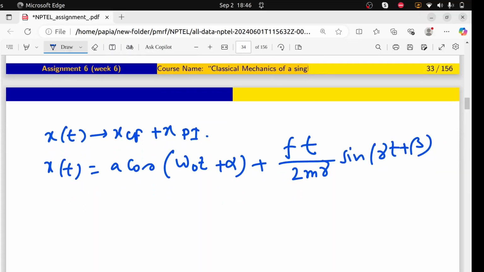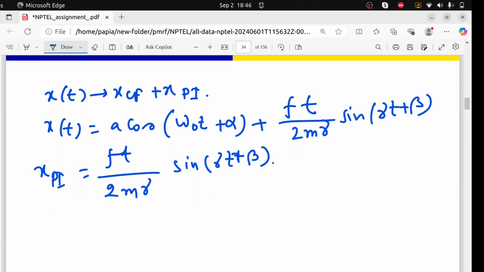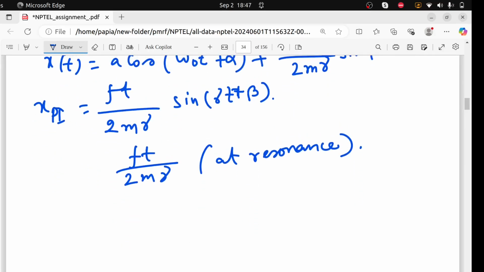So here you can see, if I talk about xpi, the xpi will be ft by 2m gamma sine gamma t plus beta. Okay, so the amplitude is ft by 2m gamma at resonance. So this is the amplitude at resonance.